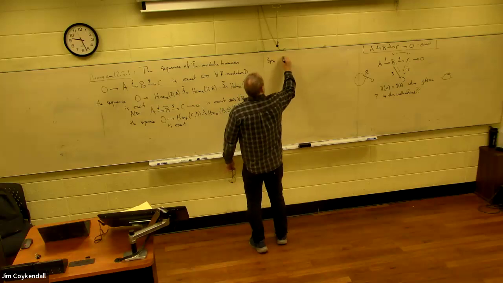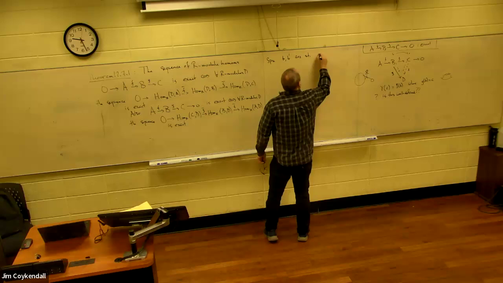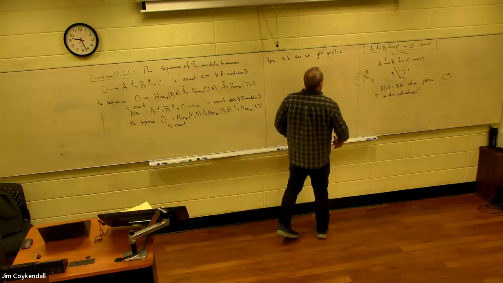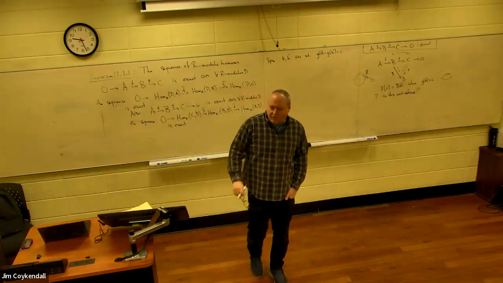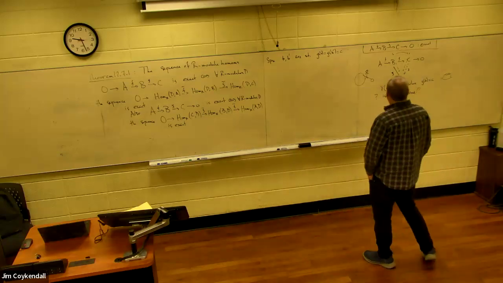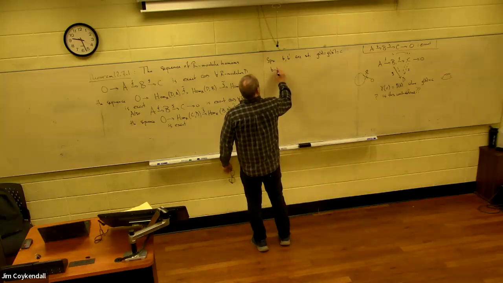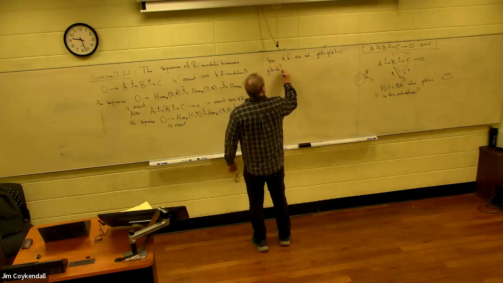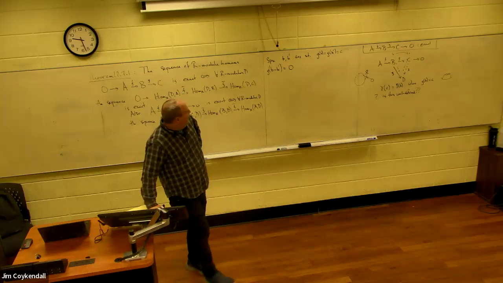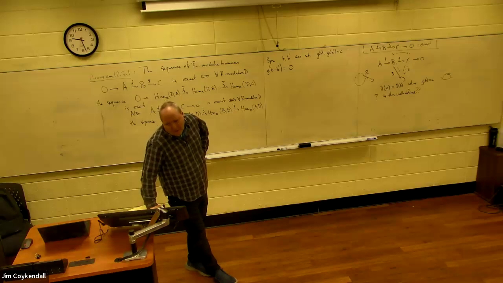Suppose B and B prime are such that G of B equals G of B prime equals C. So suppose I have two different pullbacks here. What does this mean? Since B and B prime go to the same place, G of B minus B prime must go to 0, right?